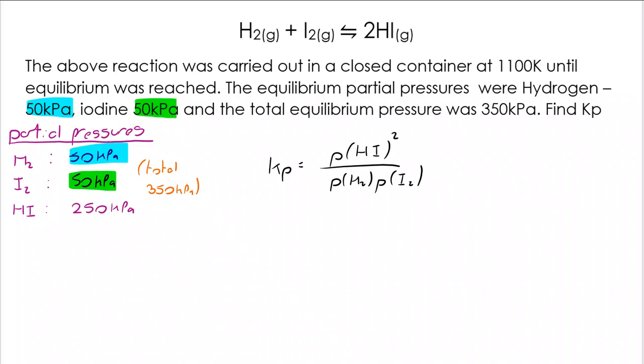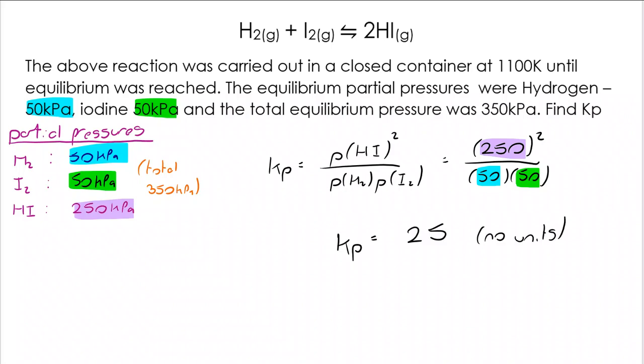I've got my P HI squared over P H2 and P I2. And I can substitute my figures in directly. Look at the colour coding so you can see where they have come from. When I carry out that calculation, I get a Kp value of 25. There are no units, and here is why. Kilopascal squared over kilopascal squared, they all cancel out.